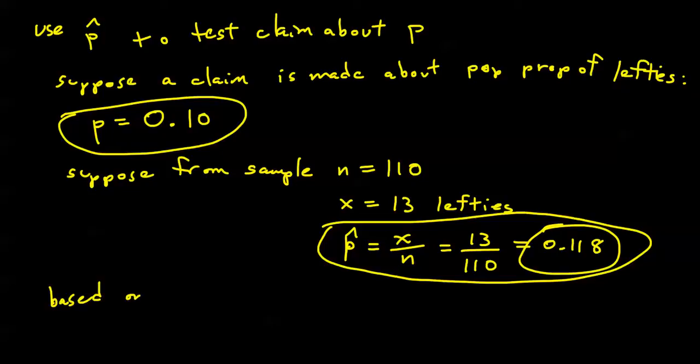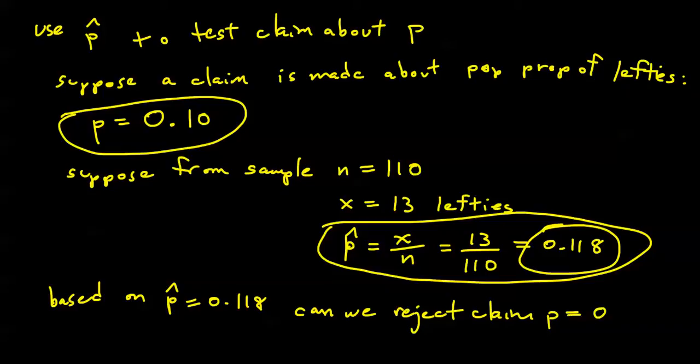Based on the sample proportion of 0.118 of left-handed people, can we reject the claim that the population proportion of left-handed people is 0.1? Can we reject this claim based on this sample data?